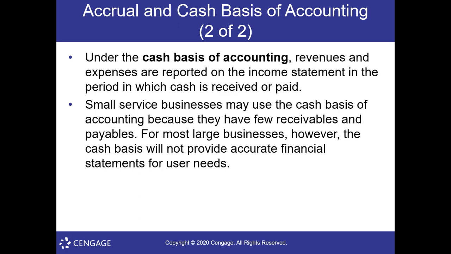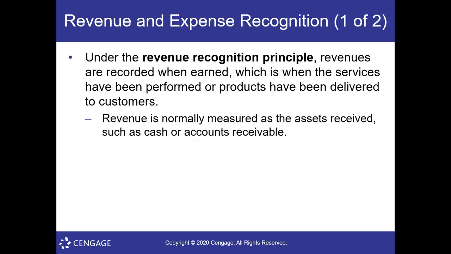So that's the cash basis. Some charities use a cash basis of accounting, and you as an individual taxpayer pay your taxes on a cash basis of accounting. But for businesses, we rely on the accrual basis.